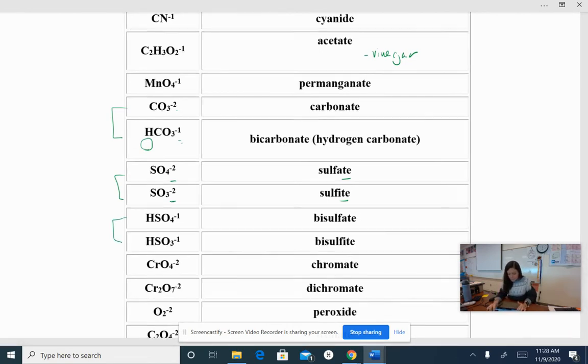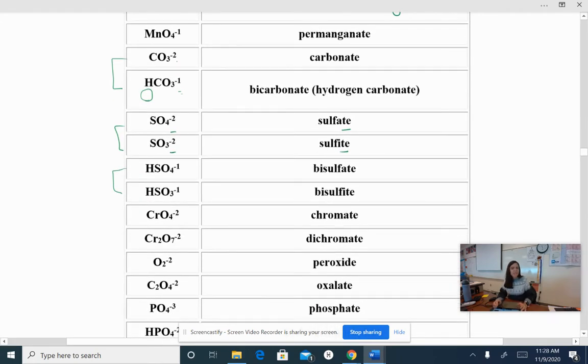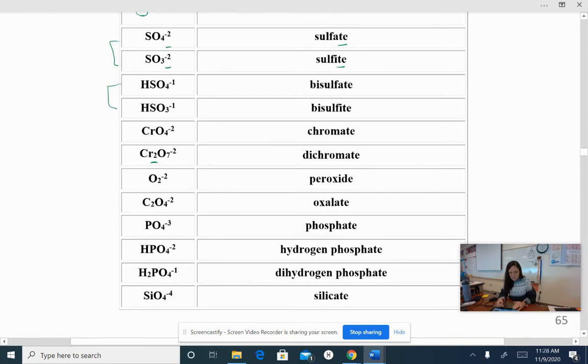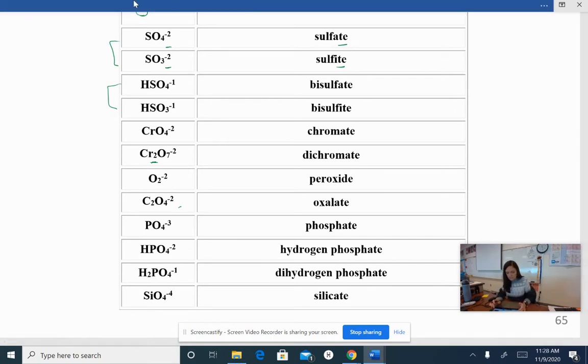We have chromate that creates a bright blue or a bright pink depending on how it's oxidized. We have dichromate. So notice dichromate tells us that there's 2 chromiums in there. Okay. We have peroxide, which is a -2 oxygen, O2. Now that gives us hydrogen peroxide when we put it with hydrogen.